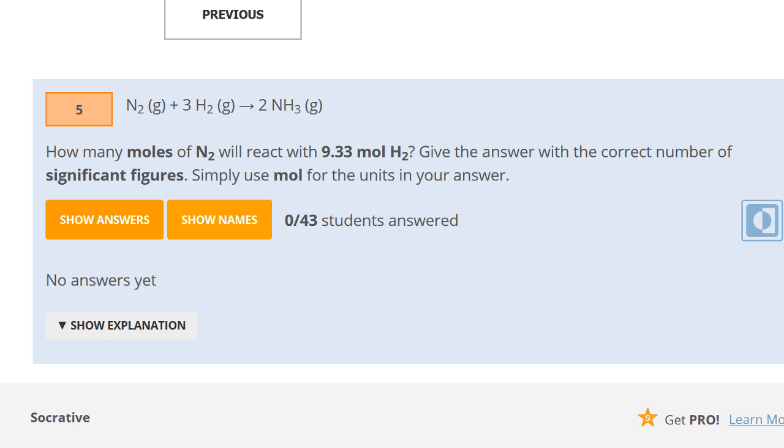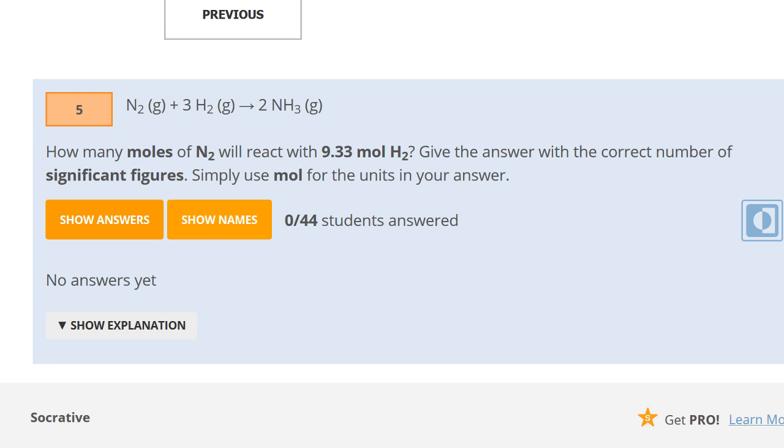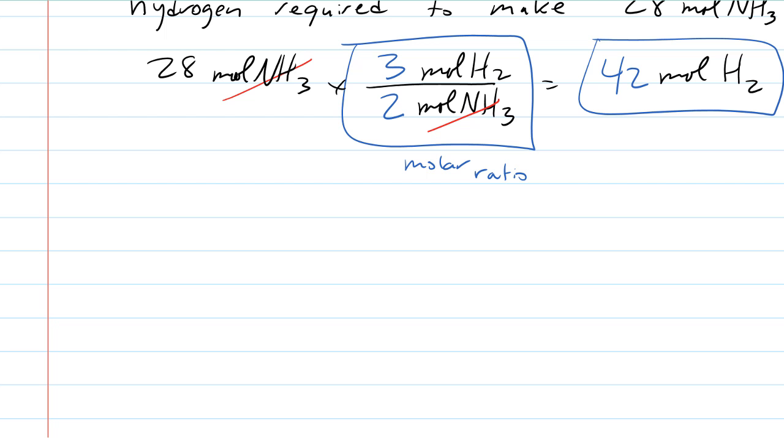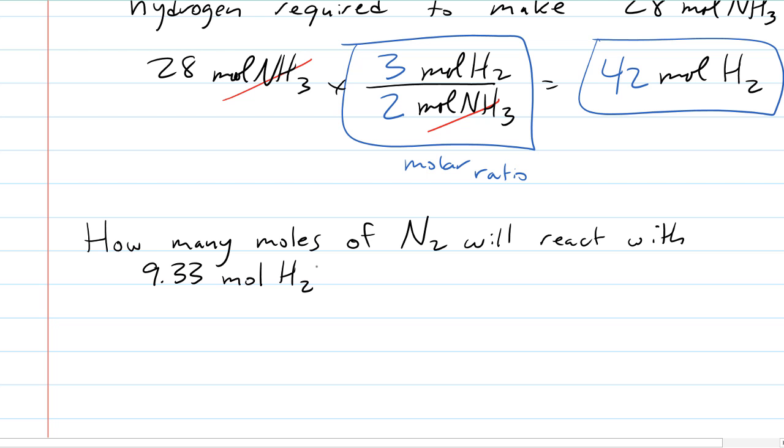Simply use MOL for the units in your answer. Again, we're using the same reaction.